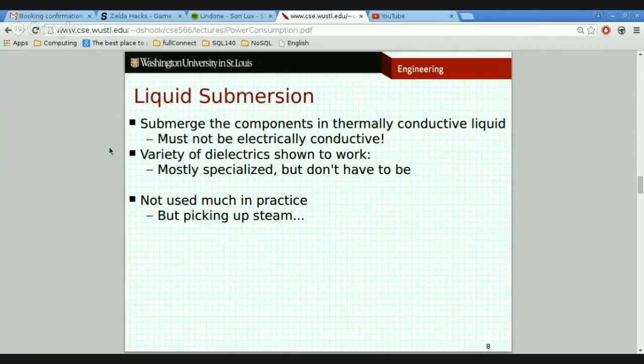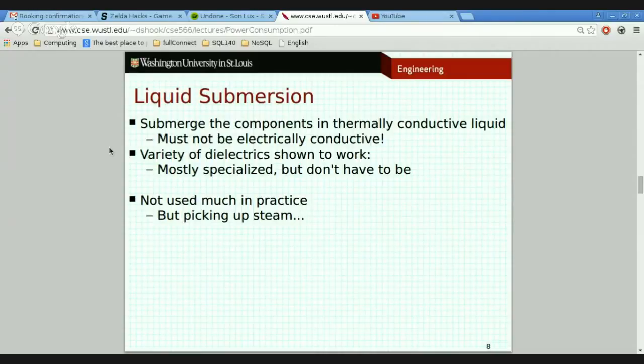In fact, if you go on YouTube and do a search for computers submerged in cooking oil, you'll find videos of people doing just that. It's pretty interesting. People are actually doing this. It's not very commonplace, but it is starting to pick up some traction.